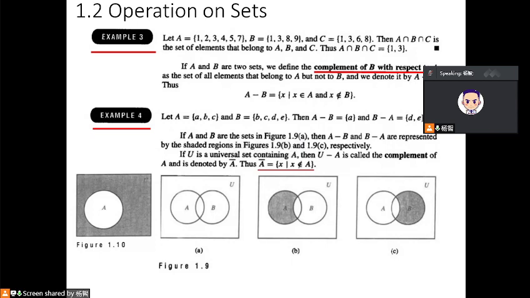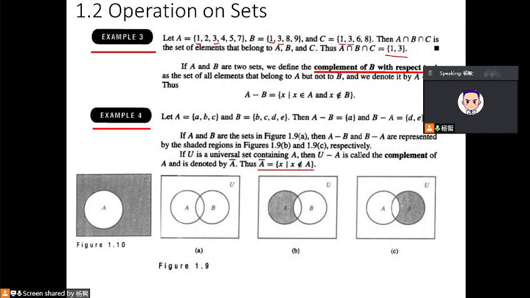Then the intersection among A, B, and C: only 1 and 3 are common to these sets. So the intersection of A and B and C is equal to the set {1, 3}. Are you clear? I think it's easy for you.